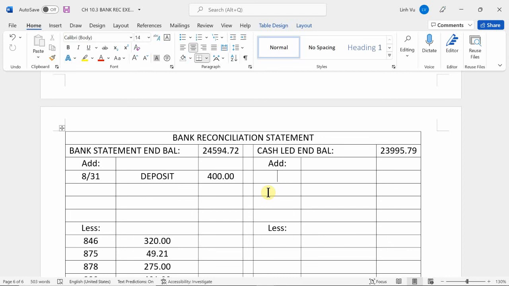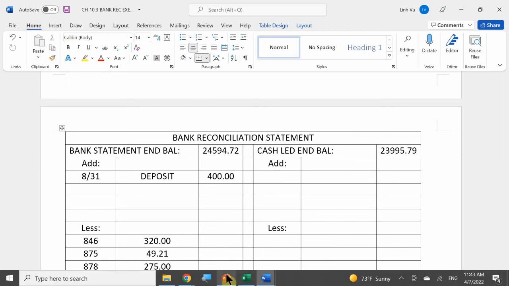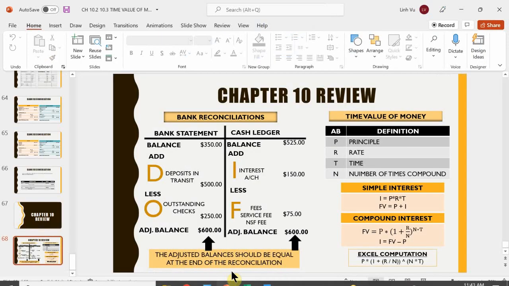Okay, what we need to add? Because I'm not sure. Look on your PowerPoint. Look at your notes. Look at things to help you. We already did an example already, twice. So what do we need to add? We need to add interest, right? Look. What do I need to add? Interest.